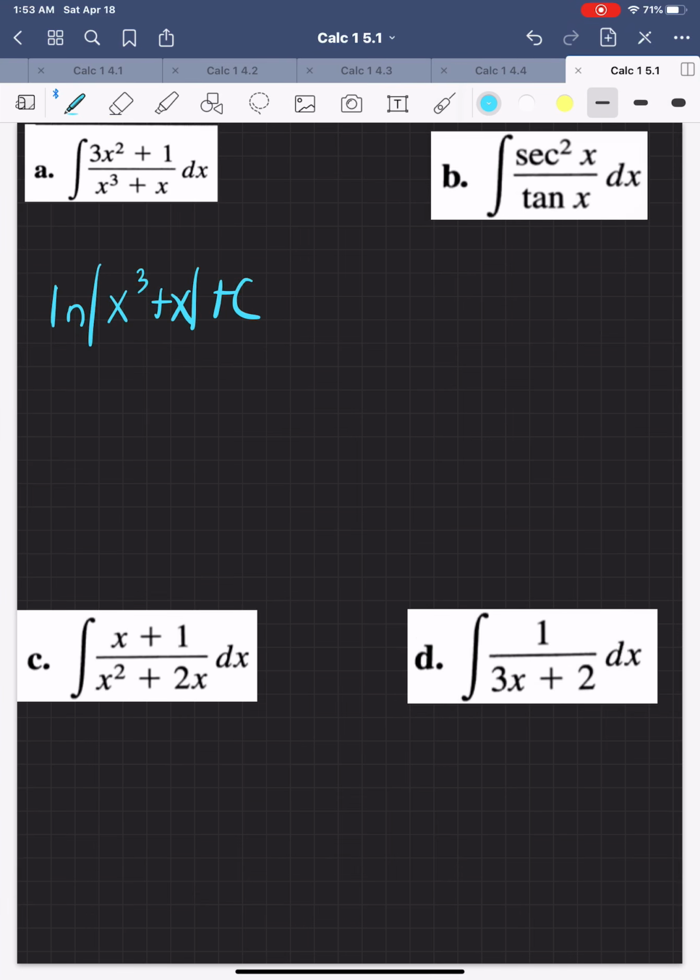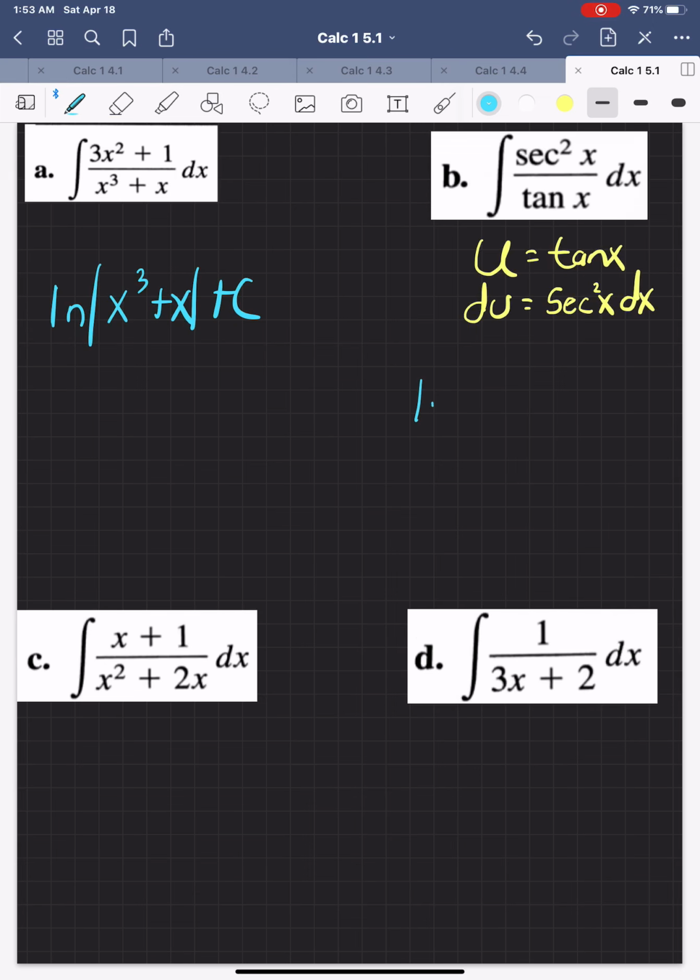I will tell you for part B, since we haven't done a lot of trigonometric problems yet, you would let u equal tan of x. Then what? Well, then du would equal, if you take the derivative of tangent, it's secant squared dx, right? So that would be the substitution process. But let's go ahead and get you to the answer.